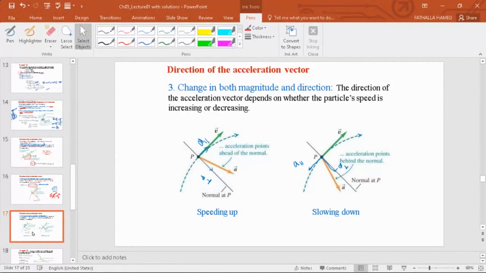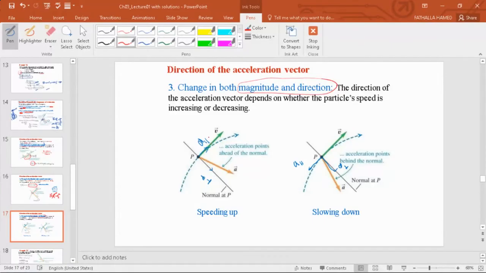Again, you can go around a curved path and change both. You can change the magnitude and direction. So in this situation here, you have your velocity vector and you have your acceleration vector.